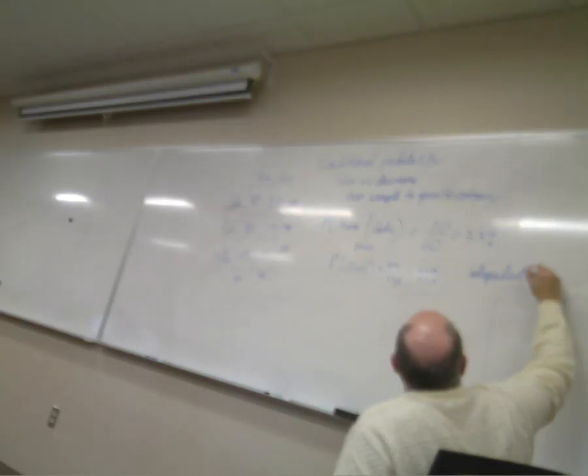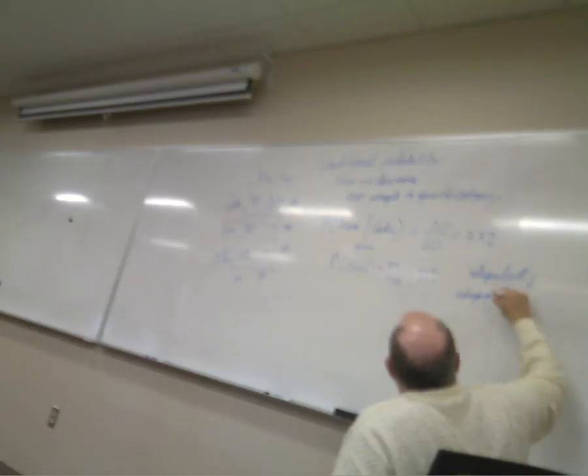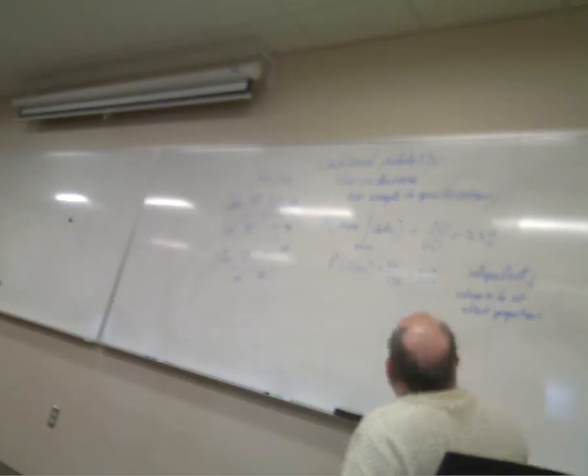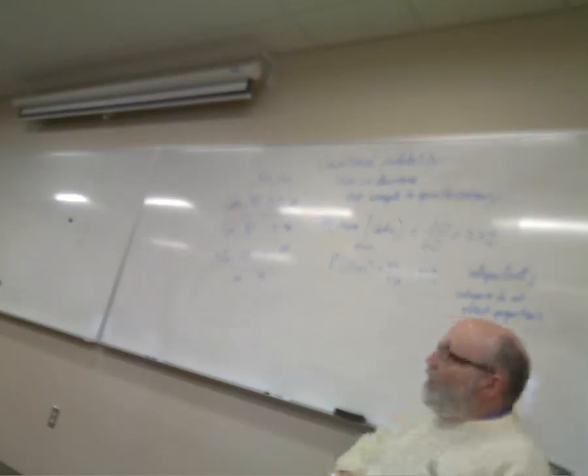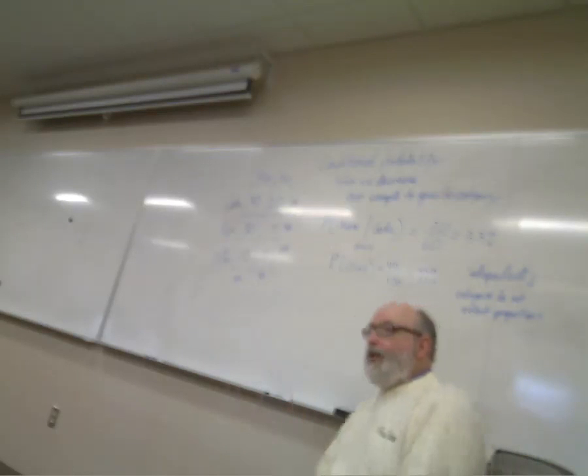What does that mean, independent? It means that the categories do not affect the proportions or the percentages. We walk into the room of all these people and we say, hey, how many nursing students do we have? 33%.